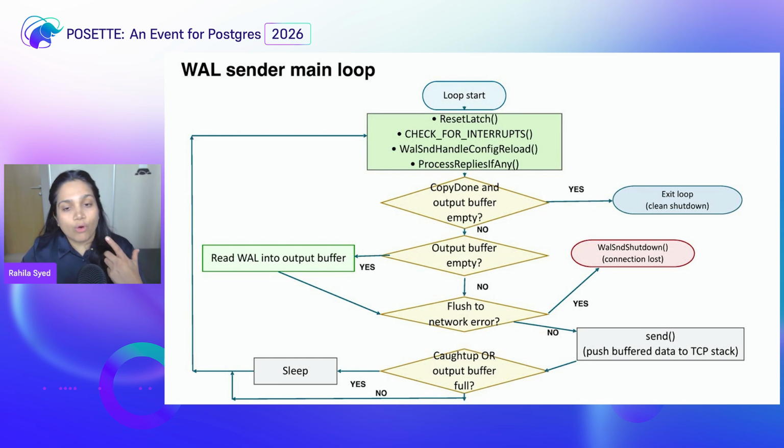So the WAL records are no longer present in the WAL buffer and the WAL sender has to go to disk. This logic happens inside the read WAL into output buffer block shown on the screen. So when the output buffer has been read, it is ready to be sent to the network as shown in the slide.